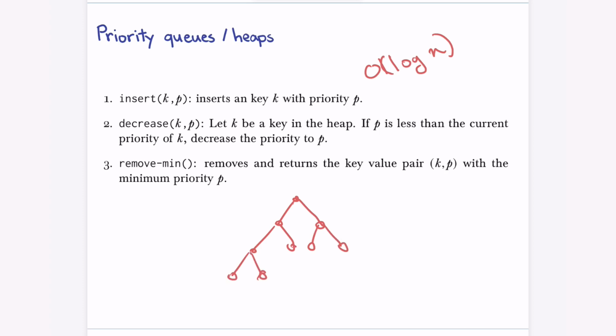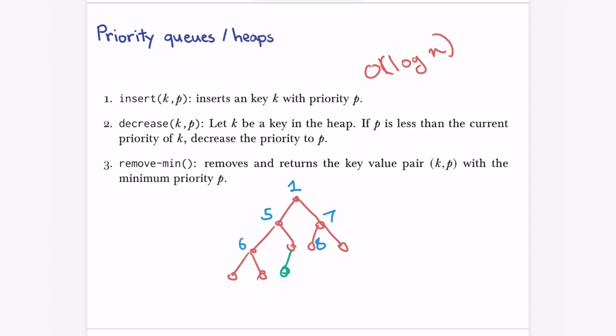So if you insert a new value, you'll put it into the next open slot from the perspective of a full binary tree. And the rule is that you want to keep the values smaller going up. So if this has value 1, this has to be some value bigger, something like this. Those are the priorities I've written. It needs to get smaller on the way up.